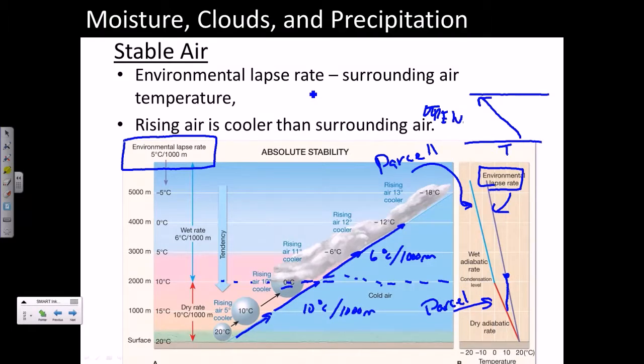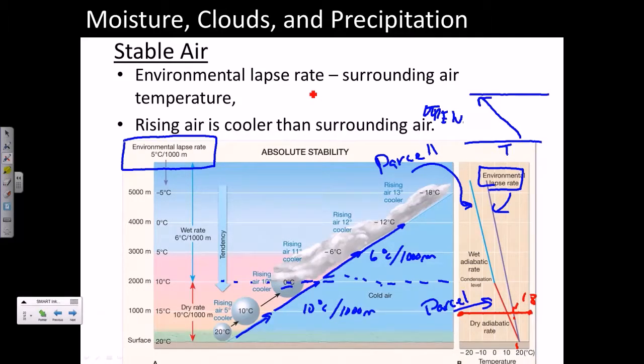I'm going to draw that in a slightly different way, I think. All right, let's draw that across. That'll make more sense. And so if I come down here to 1,000 meters, I'll use red here. At 1,000 meters, the environmental rate is at about 19, 18, right? That's the atmospheric temperature change with elevation.